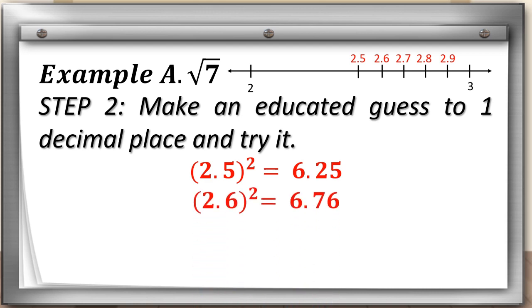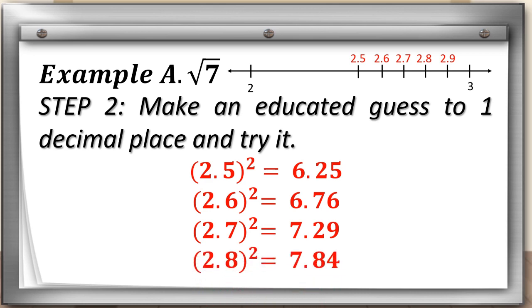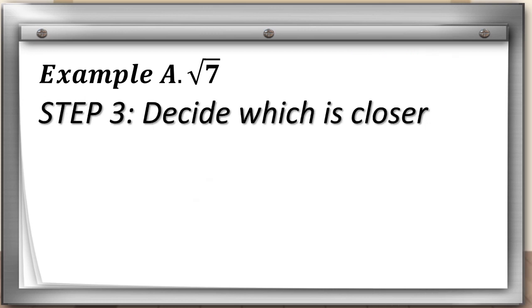2.6 squared is 6.76. 2.7 squared is 7.29. And 2.8 squared is 7.84. Square root of 7 lies between 2.6 and 2.7. Step 3. Decide which is closer.